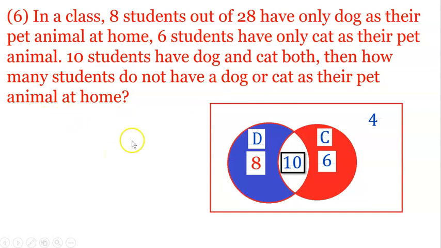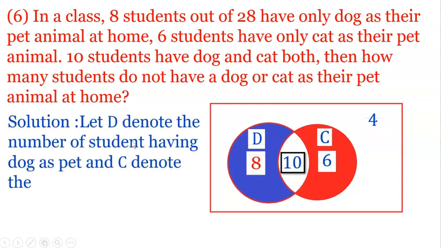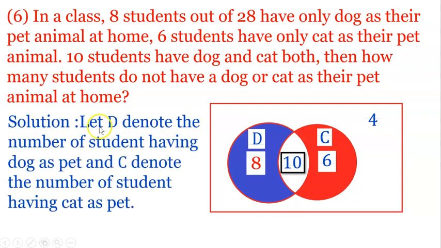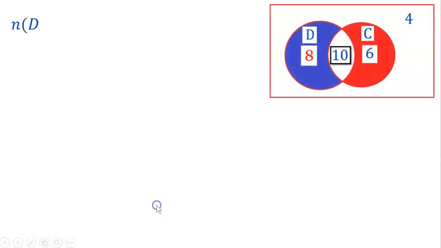या प्रकारे तुम्ही ते लक्षात ठेवू शकताय. Okay. Now the next. Let D denote the number of students having dog as pet and C denote the number of students having cat as a pet. Okay. Next.